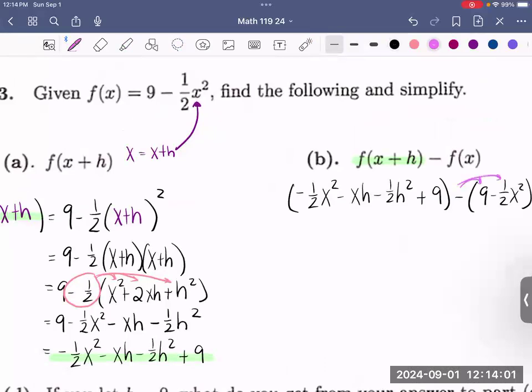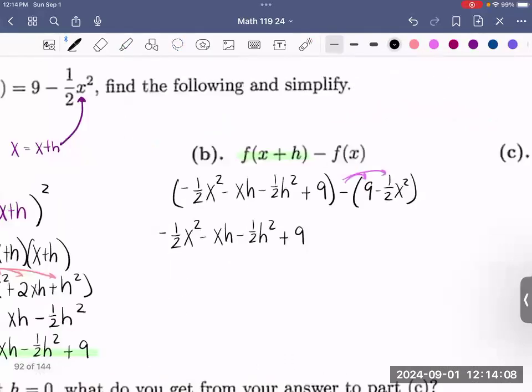Distributing your negative, we're left with negative 1/2 x squared minus xh minus 1/2 h squared minus 9 plus 1/2 x squared. And again, this is the part where things should start to cancel.